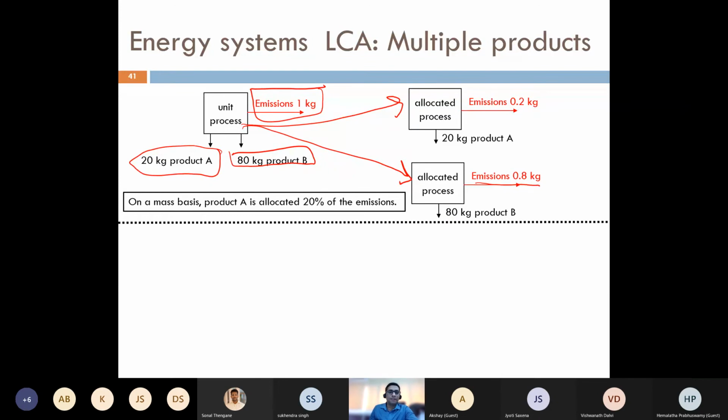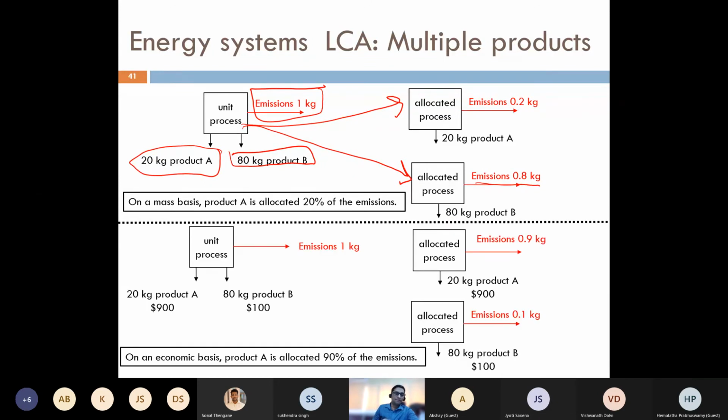But what if we consider the economic value? Say I have the unit process and it gives me again 20 kgs and 80 kgs, but the value of product A is $900 and the total value of the 80 kgs of product B is $100. How do I allocate? The other type of allocation could be on the basis of economics. Again, I divide the process into 2 stages.